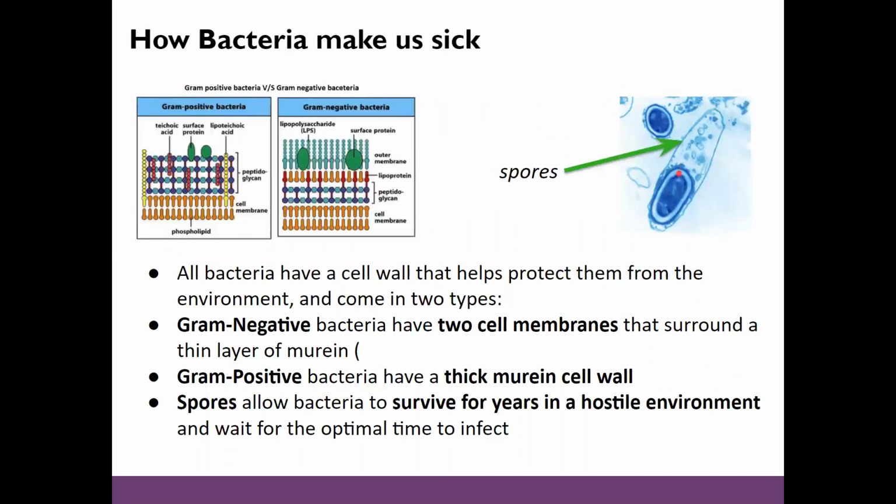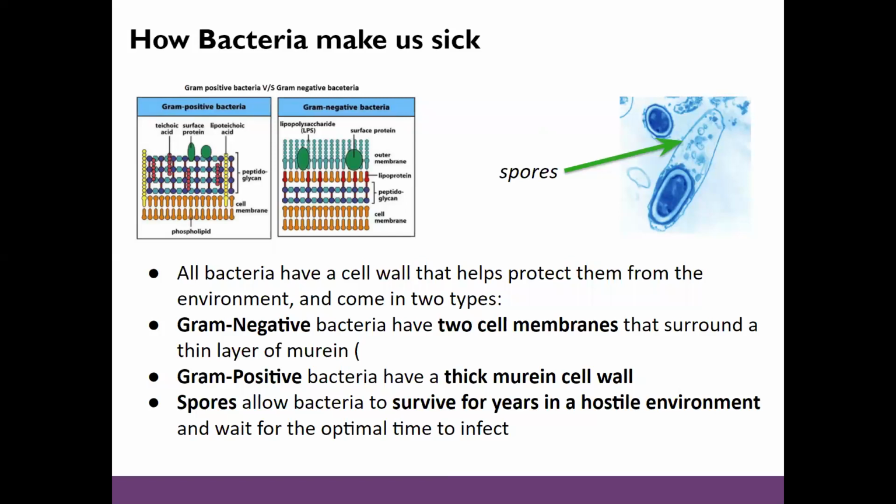All right. So one thing we need to know in order to be successful on the quiz is how bacteria make us sick. Bacteria make us sick in ways that are due to its sneaky nature, where it can actually hide within our body and be protected from the environment. So bacteria can either be gram-negative or gram-positive.